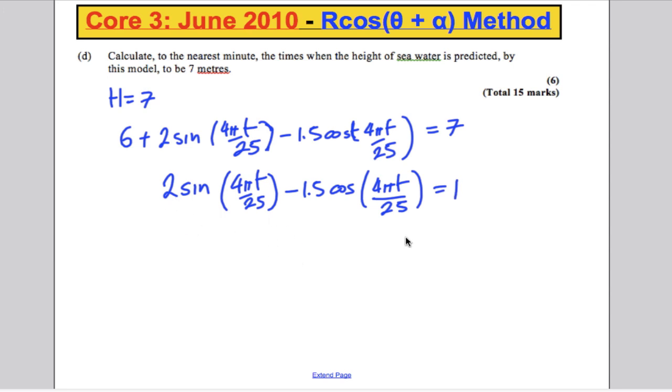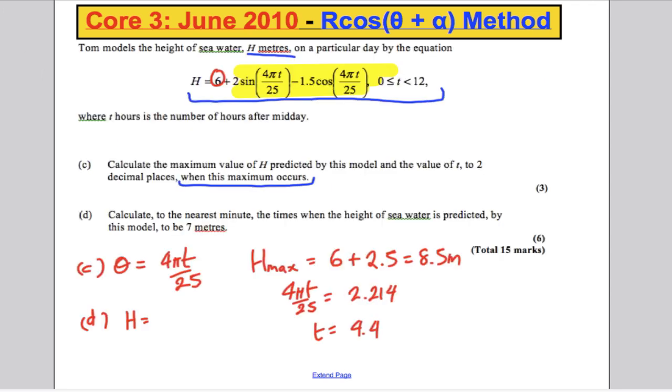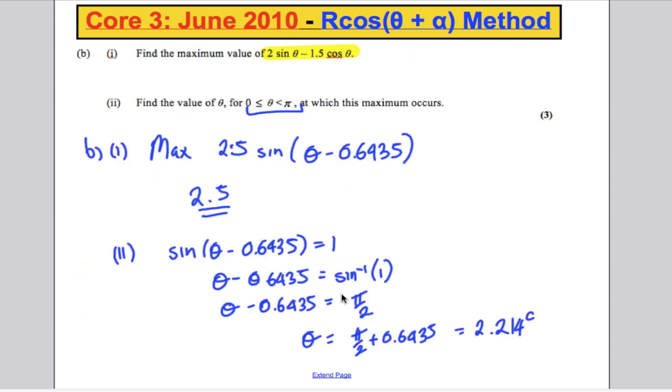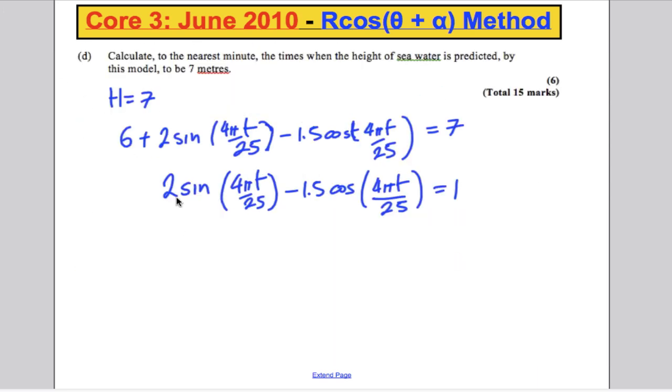Now, I've got an expression for this. This is using the previous work we've done. This is 2.5 sine 4 pi t over 25 minus 0.6 that there. So I'm just going to use this expression here. I would have been able to look back up at my work.